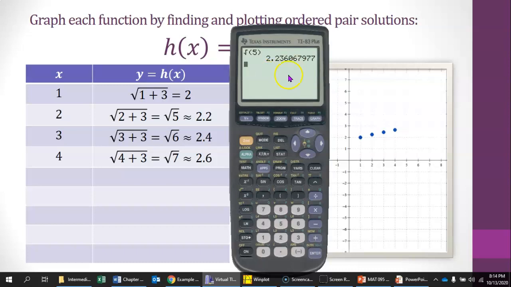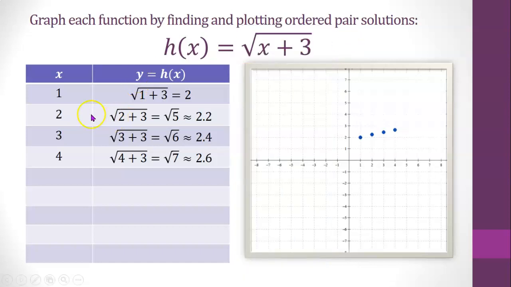The calculator didn't have room to show me the whole thing because the digits just keep on going forever. But as far as finding a point on the graph, it's close enough to say it's about 2.2. So when x is 2, y is approximately 2.2, a little past 2.